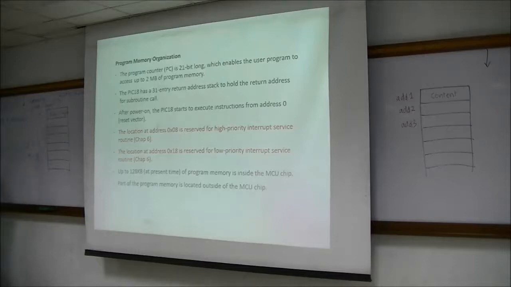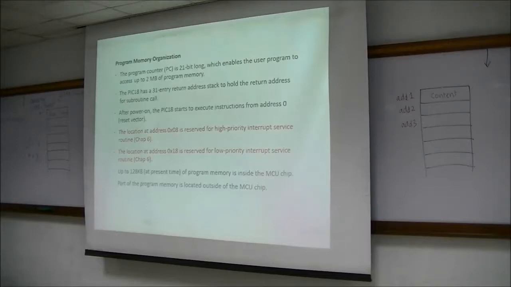Now, the same question. If you have 2,097,152 locations, how many bits do you need to represent the address in binary? Is the question simple enough?